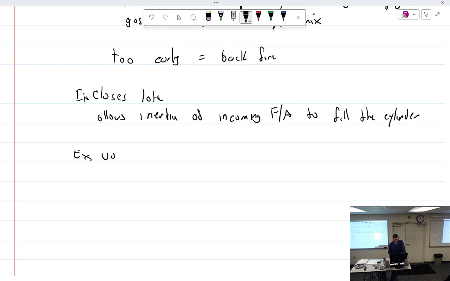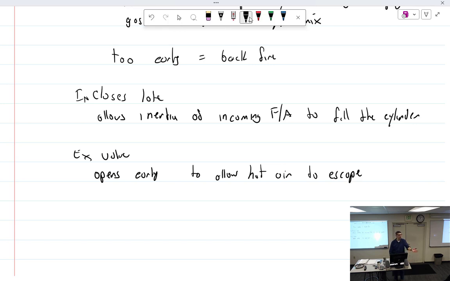The exhaust valve, we see, opens early to allow burnt gases, we should say hot gases, to escape.